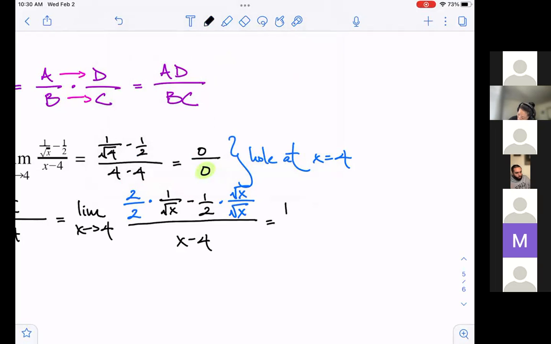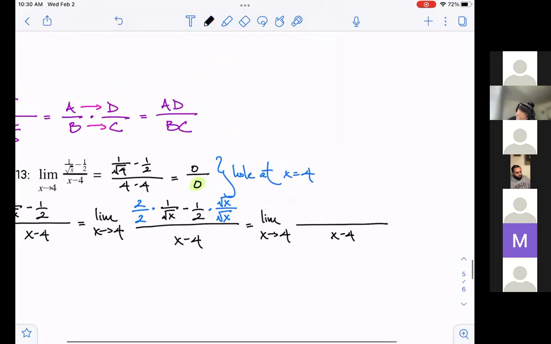And now we're going to keep chugging along to combine those fractions. All right, and so we end up with a denominator of 2 square root of x. And the numerator here is just going to be 2 minus the square root of x.